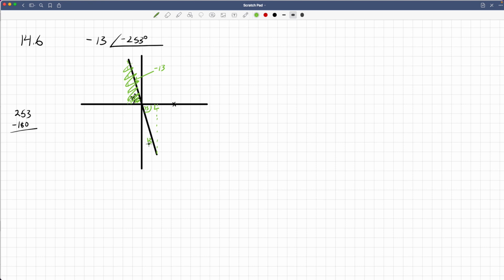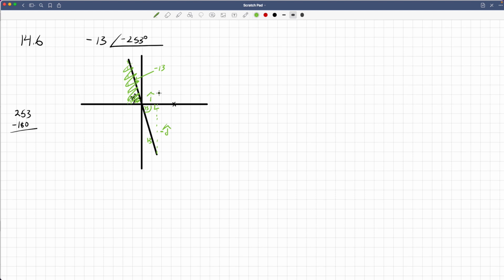So we're going to use cosine to find, this will be A and this will be B. Technically, this is going to be hooded I, and this is going to be hooded J right there. And this is going to be a negative hooded j because it is below the x-axis. It's going down. This is going to be positive I because it's to the right.